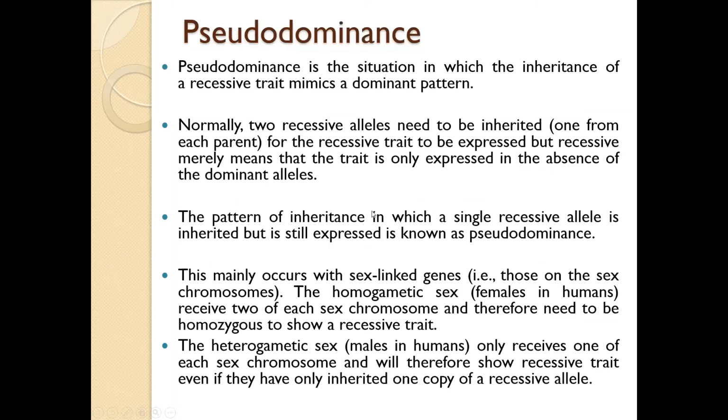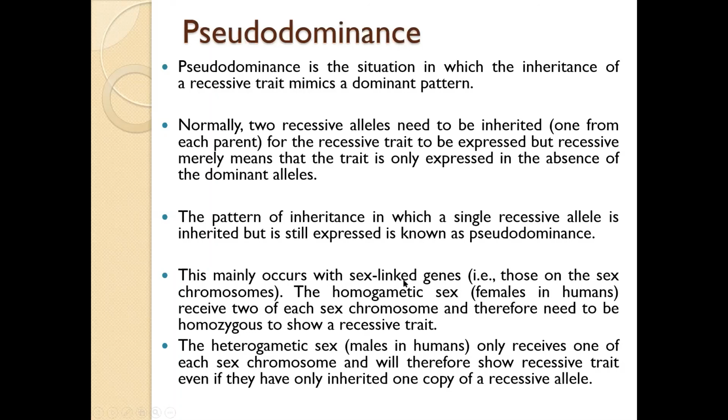So the pattern of inheritance in which a single recessive allele is inherited but is still expressed is known as pseudo-dominance. That means it is not actually a dominant gene, but the presence of only one recessive allele is sufficient to produce the expression of a dominant-like pattern.